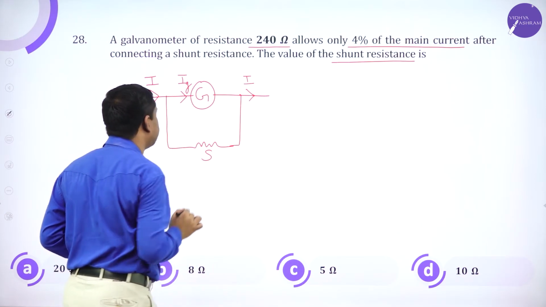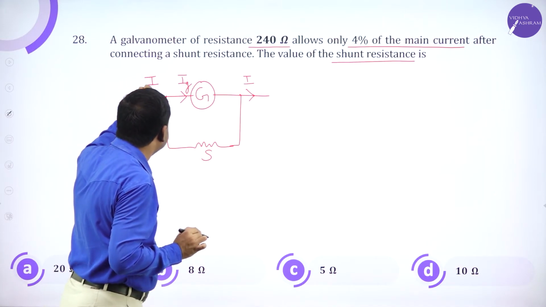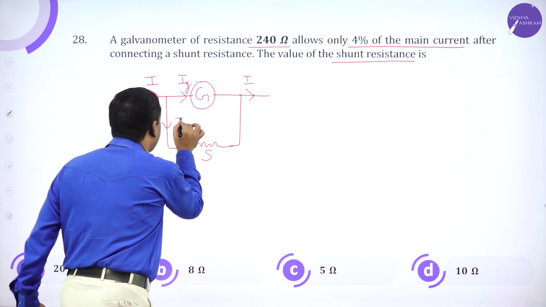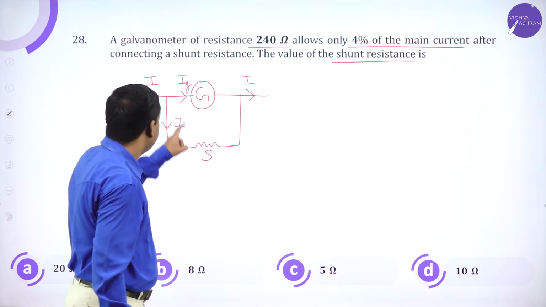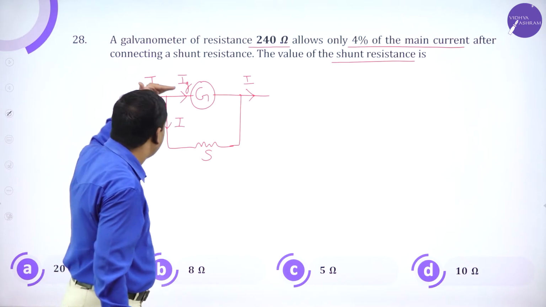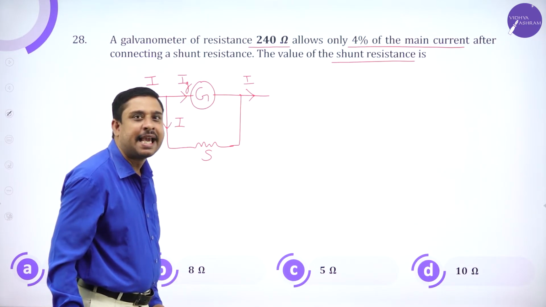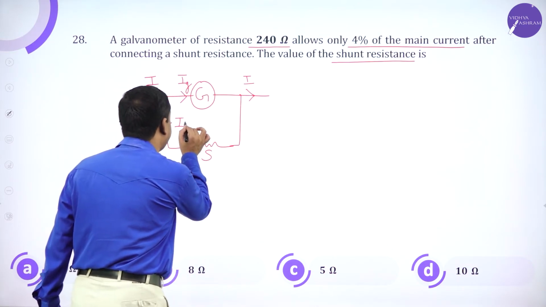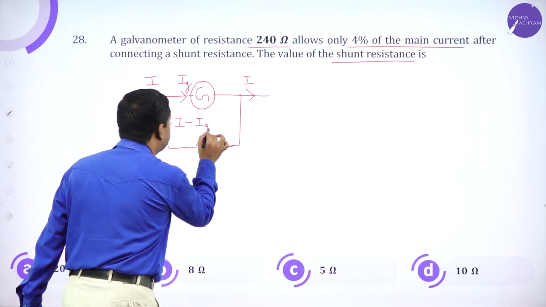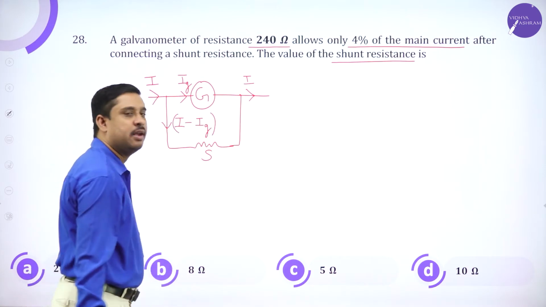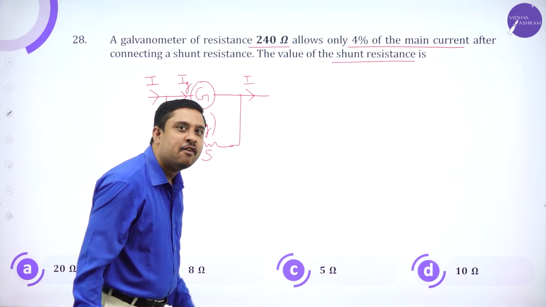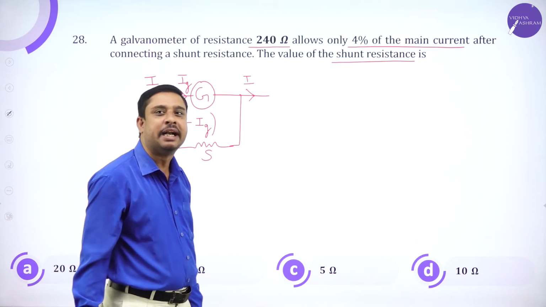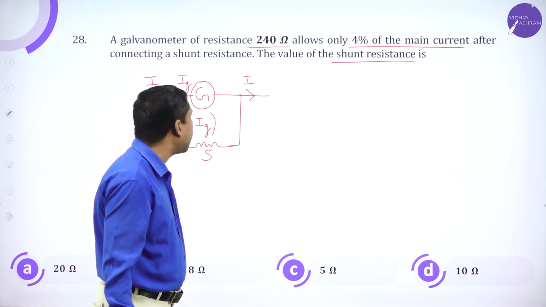If you consider this as the node, I is entering the node, so I is positive. Ig is going out of the node. KCL says current going out of the node is negative. So I minus Ig. So the current flowing through the shunt is I minus Ig.